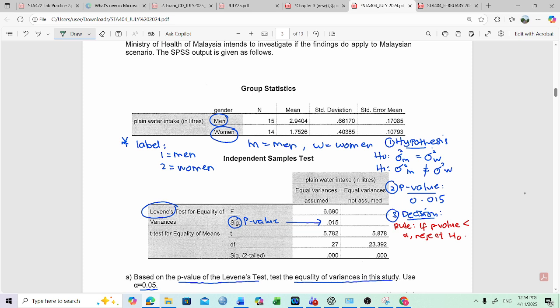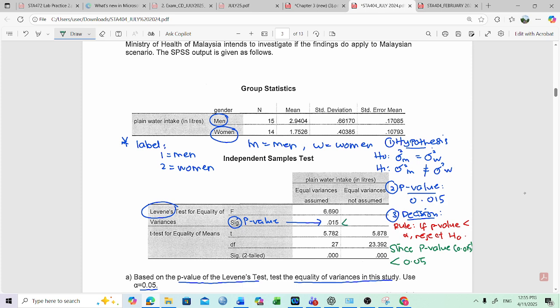Our decision is, remember, begin your answer with "since the p-value 0.015 and 0.05". So 0.015 and 0.05, of course, is less than, right?